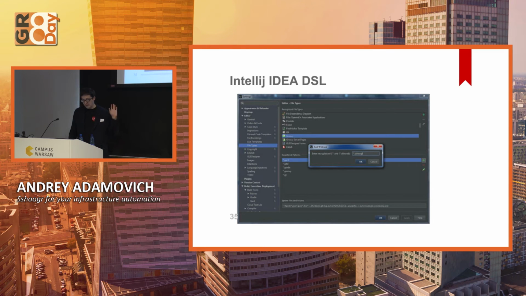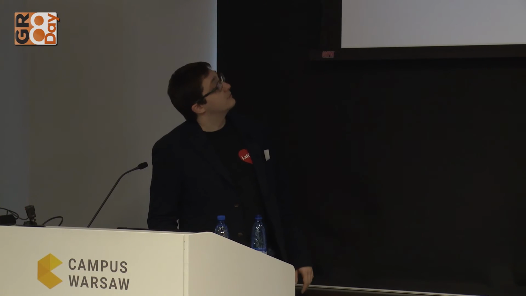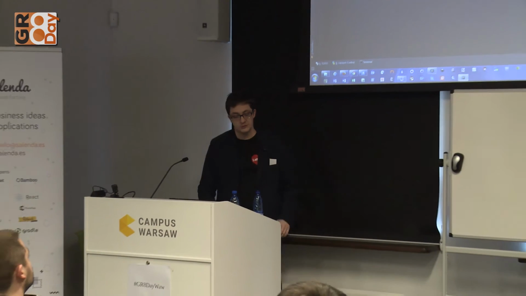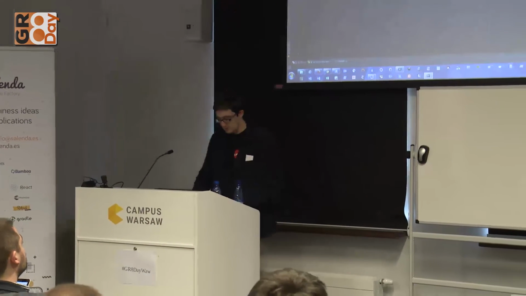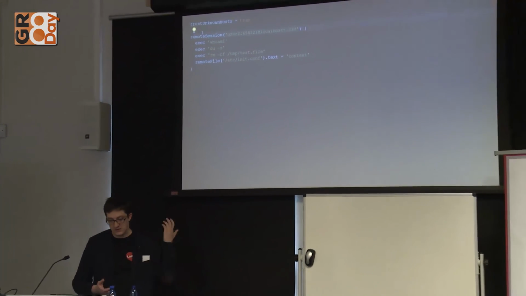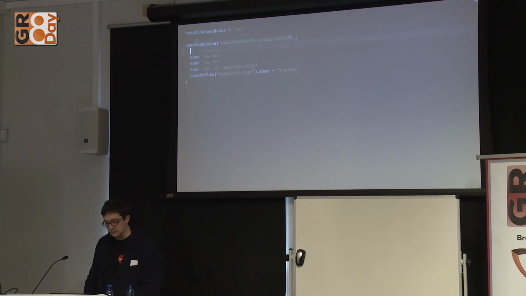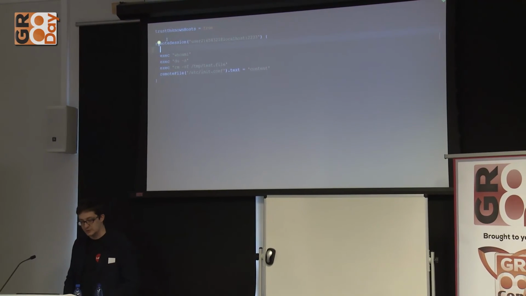So if Sshoogr jar is in the class path, then you can do things like this. As you can probably see, this is default.sshoogr, which is the Sshoogr script. And when I'm inside, as you see, I don't have any imports or any other dependency management mechanisms.